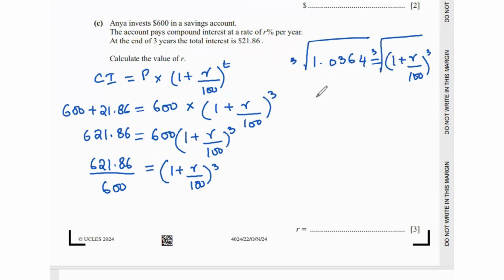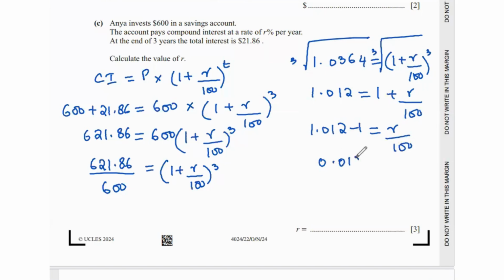So that's going to give us 1.012 equals 1 plus R over 100. 1.012 minus 1 equals R over 100, so 0.012 equals R over 100. Multiply 0.012 with 100, and that leaves us with 1.2%. That is your rate of interest.